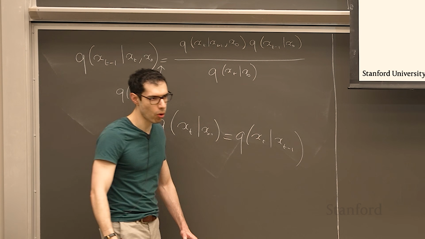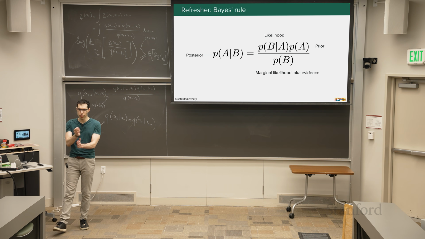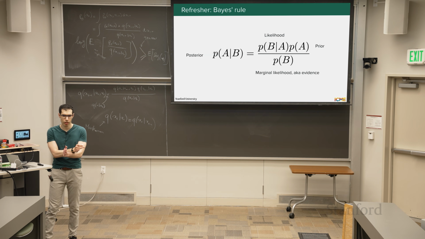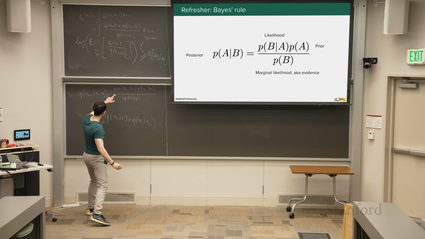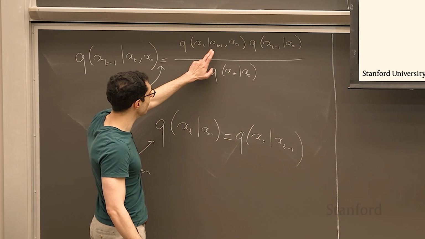In other words, you only need to know the previous step to know the current step. It's called a Markov process. So this simplifies to Q of xt given xt minus 1.